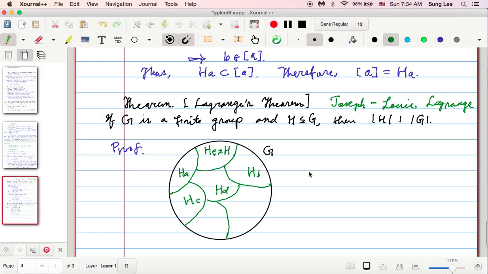Now we are ready to prove Lagrange's theorem.